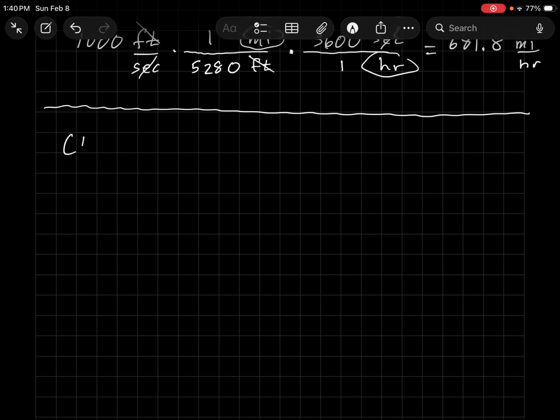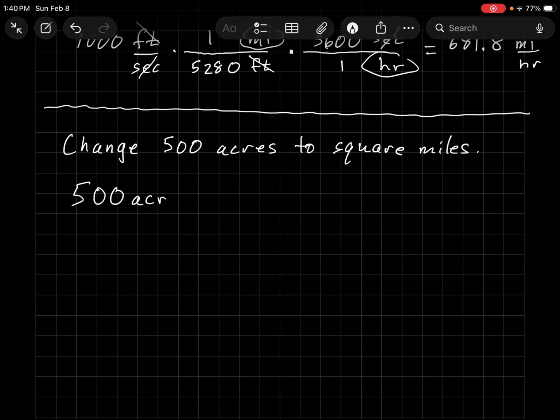So this one, let's change acres to square miles. And how about we have 500 acres? And we want to see how many square miles that might be. So we basically have one unit here that somehow needs to end up being miles up there in the numerator.